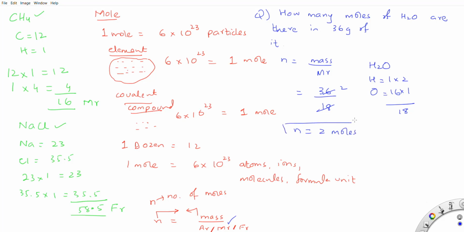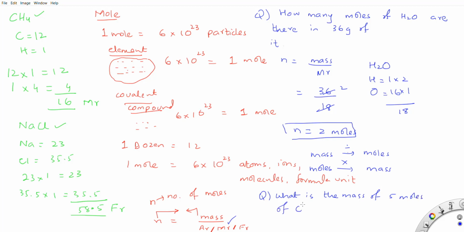So basically, when you're converting from mass to moles, you're going to divide by the atomic, molecular, or formula mass. However, if you are converting from moles to mass, then you're going to multiply by the atomic, molecular, or formula mass. So we can have another example, such as the question says, what is the mass of 5 moles of carbon?